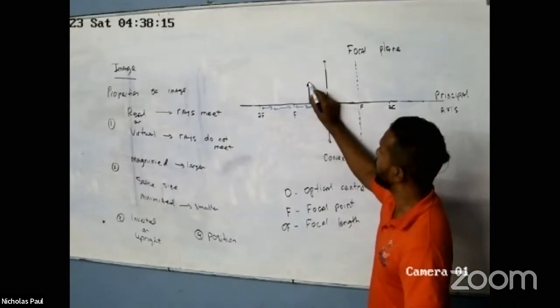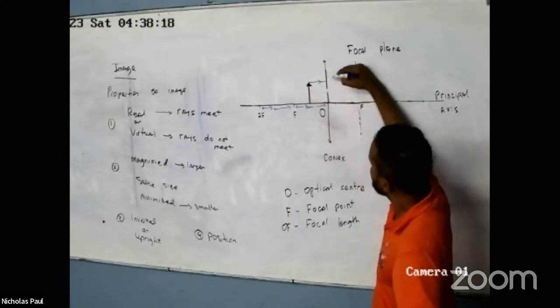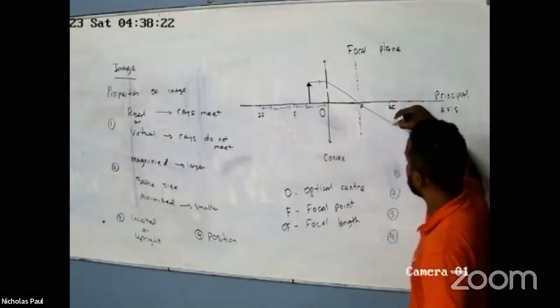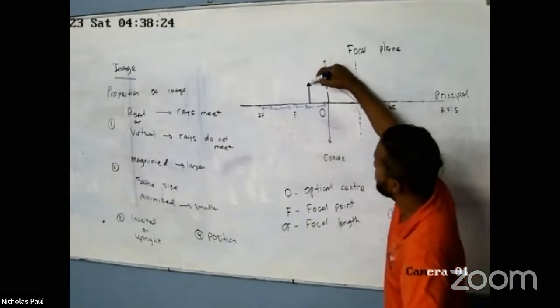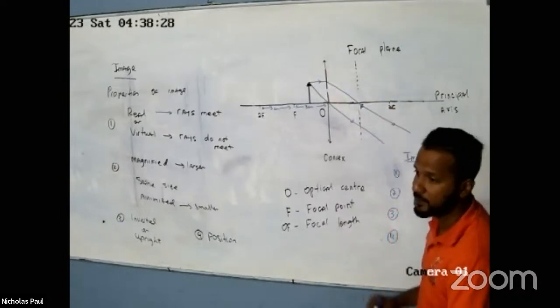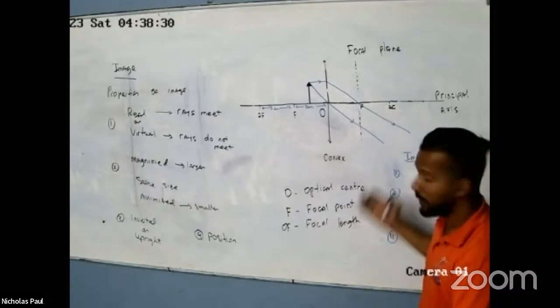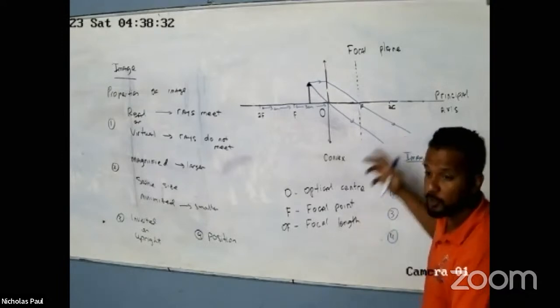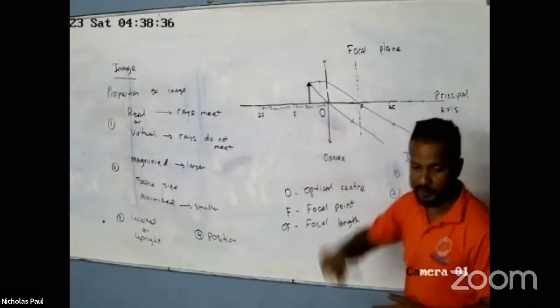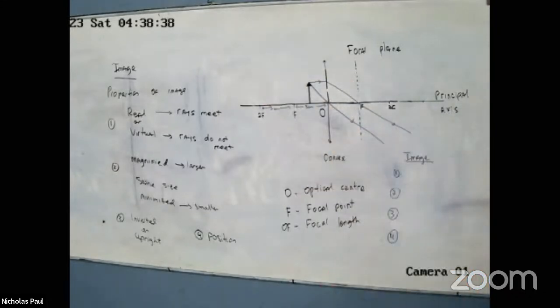I'll join it parallel through the focal point, 2 centimeters over it. I join it through the optical center, but they don't meet. So how are we going to get the virtual image? We have to join backwards.